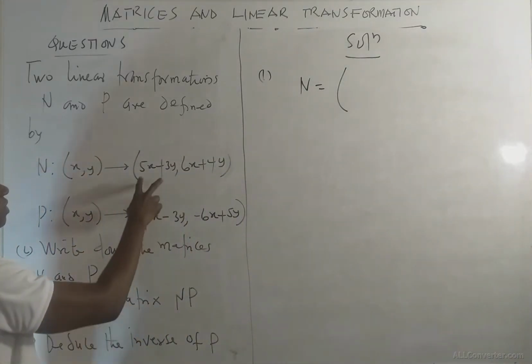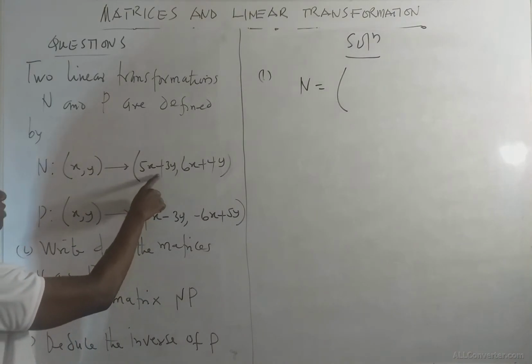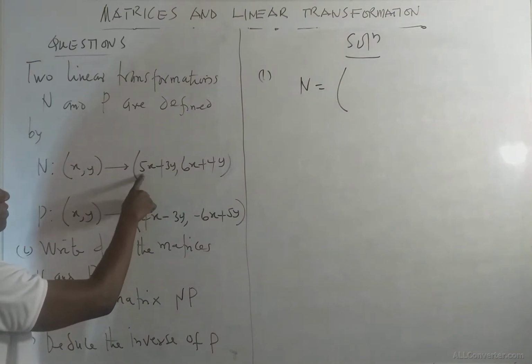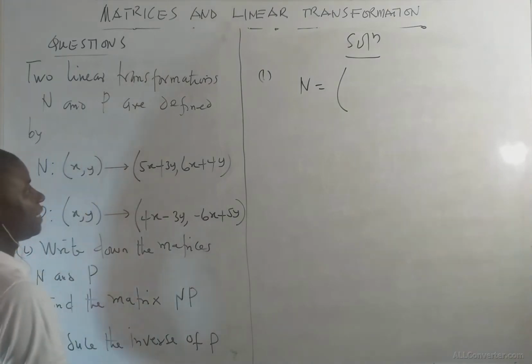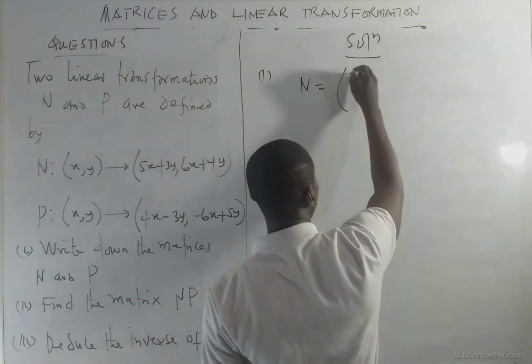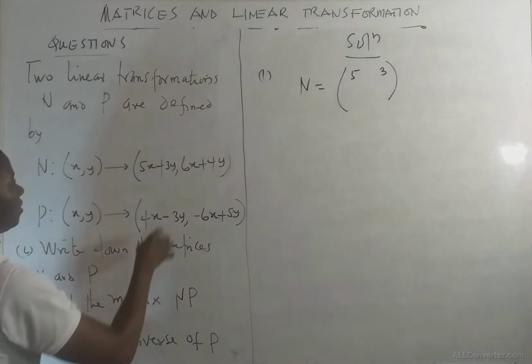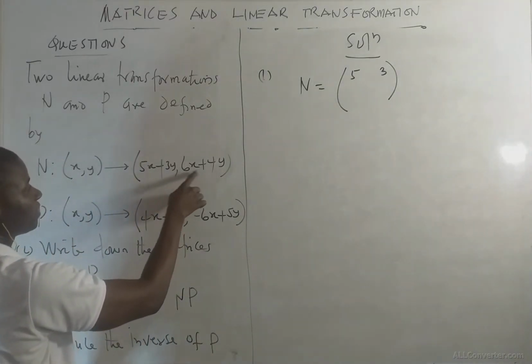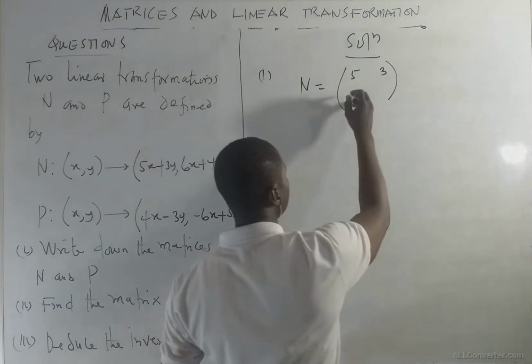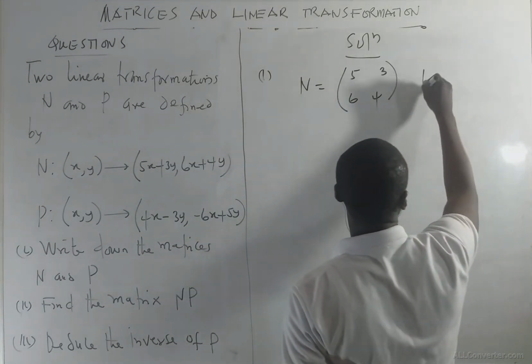So 5x plus 3y, the coefficient of x is 5, that of y is 3. So we have 5, 3 as the first row. Then after the comma, we have 6x plus 4y, so we have 6, 4. That will be our matrix N.